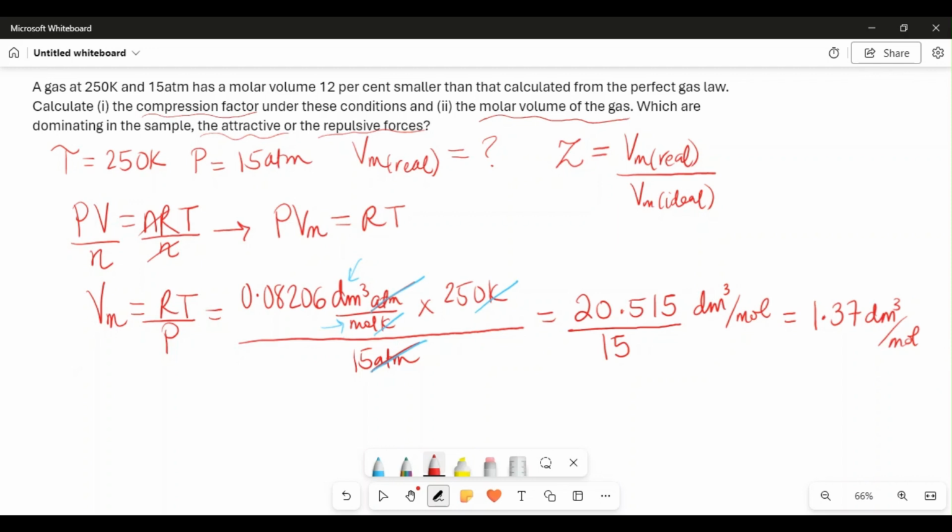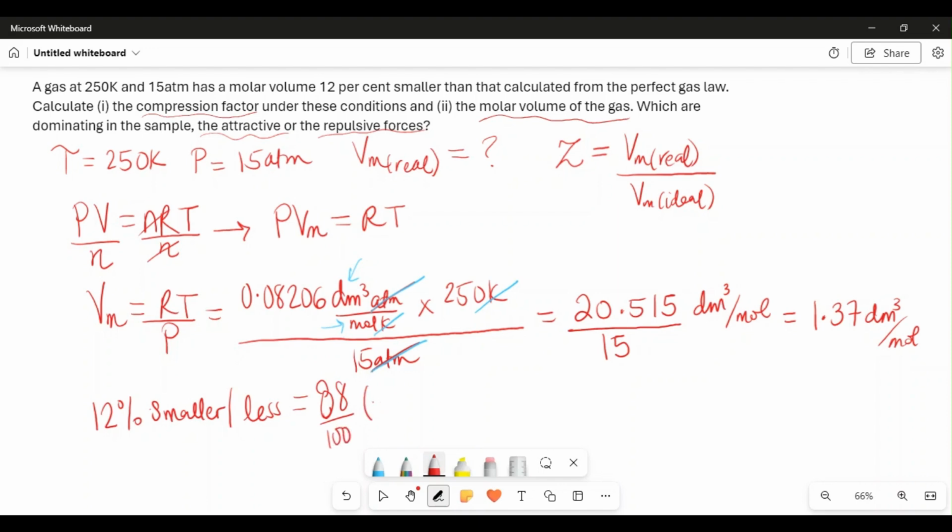Now we have the ideal gas molar volume, the one we got from the perfect gas law. Now we have to note that we're told that the molar volume of the gas is 12% smaller. So 12% smaller or 12% less of something is the same thing as 88% of that thing.